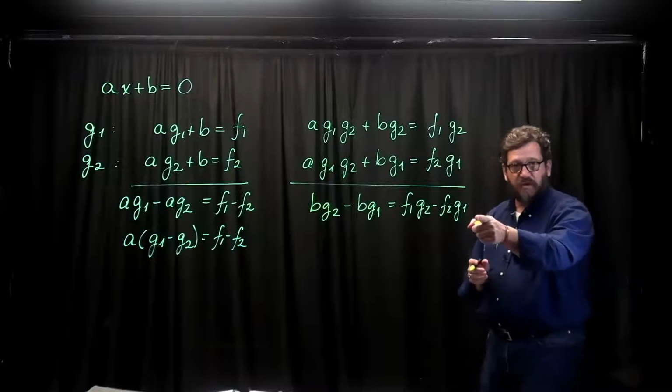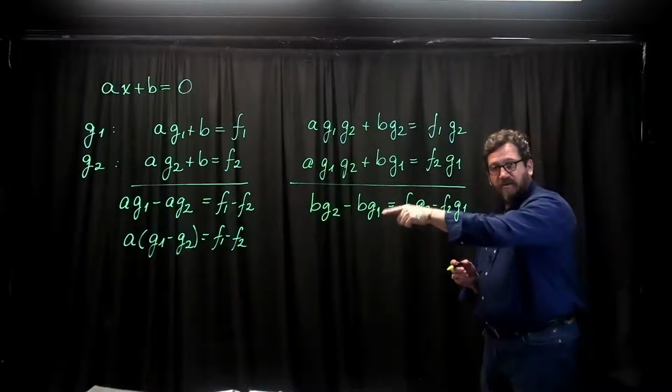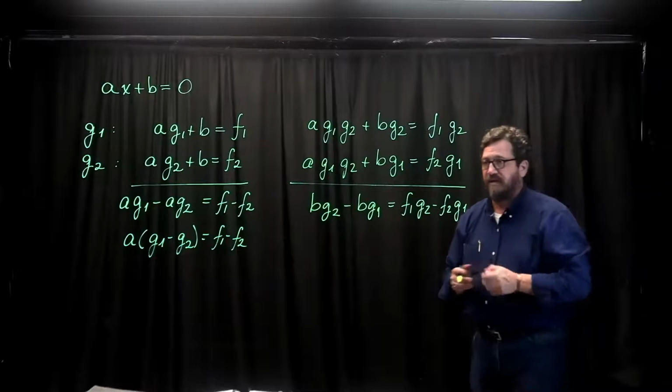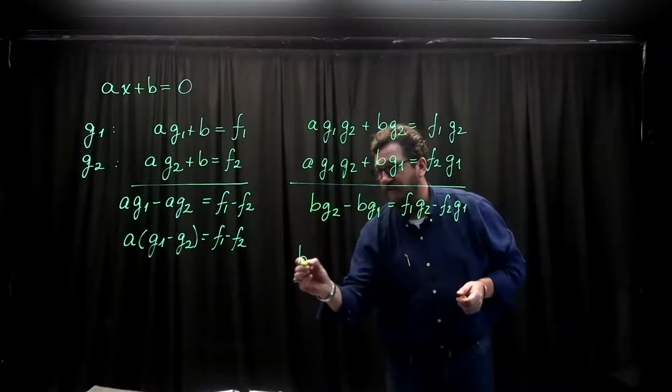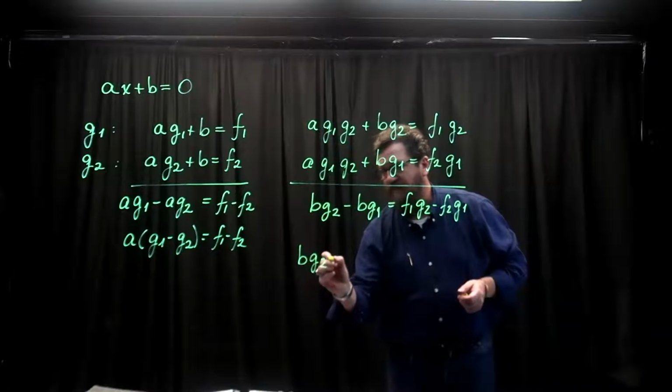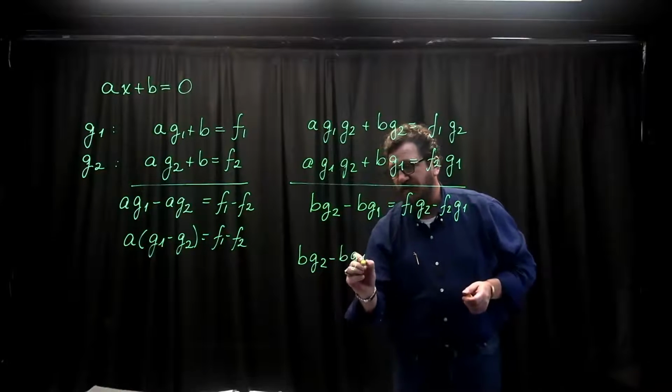Let's take this equation and divide it by the equation we had over there. You're probably wondering why in the world anybody would want to do this. Well, let's do it and take a look.